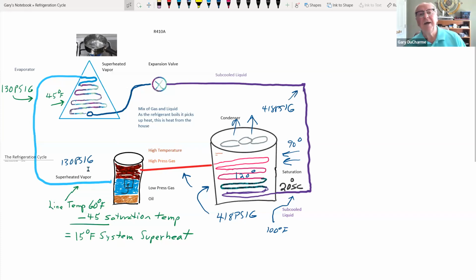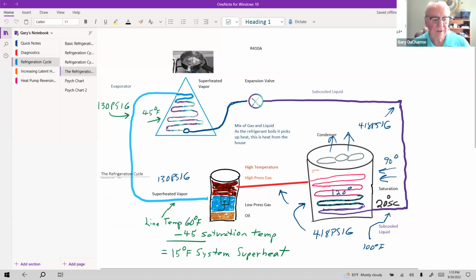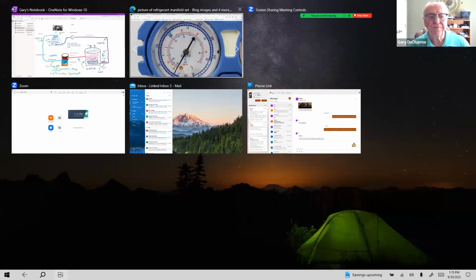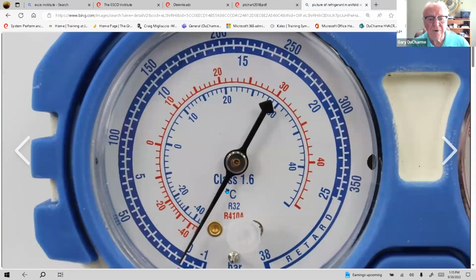So let's start at the compressor. And let's assume that we have a valve here on the compressor, and we have a set of manifold gauges on this compressor. We've put our gauges on there, and we're looking at R410A. For R410A, we want a 40-degree evaporator.